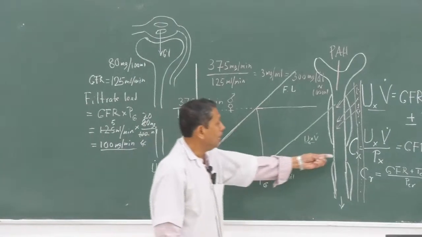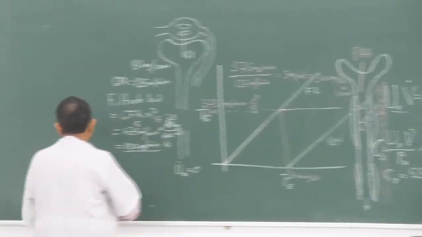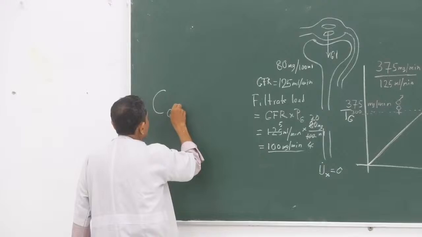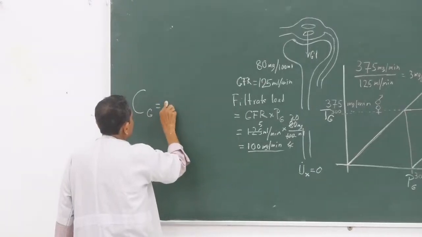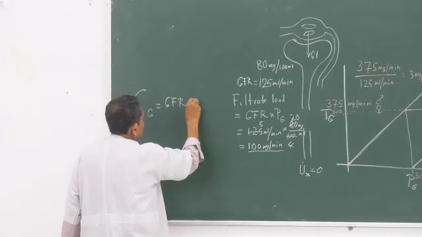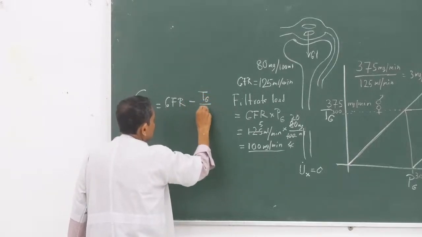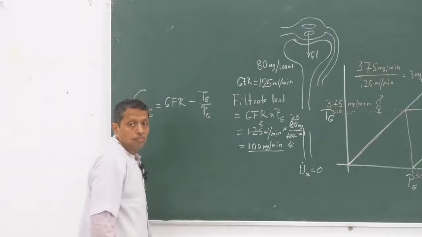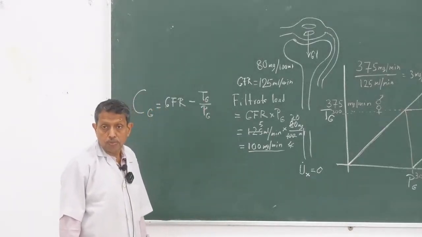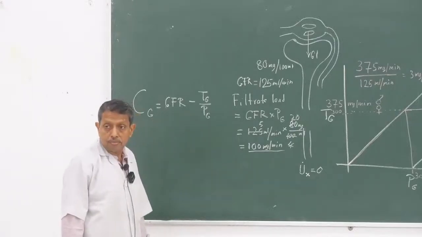So from this formula, if you consider the clearance of glucose, because glucose is reabsorbed, its clearance is less than GFR.